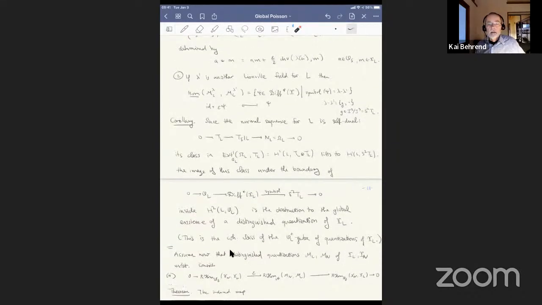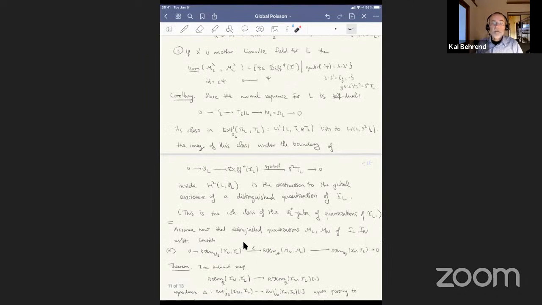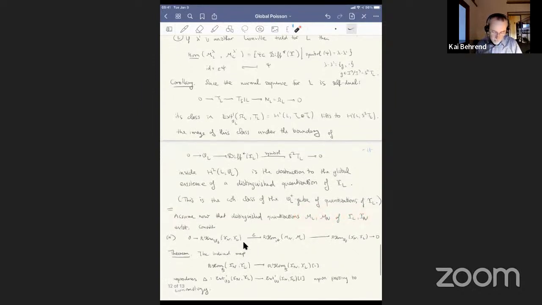And okay, so that's just to explain concretely what this gerb of first order quantizations of epsilon L is. Now, if I assume that both epsilon L and epsilon N have been quantized, then I can consider this short exact sequence of complexes. So here's R hom over A of the quantizations.